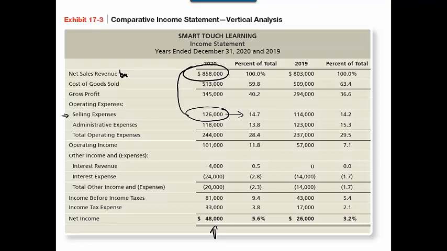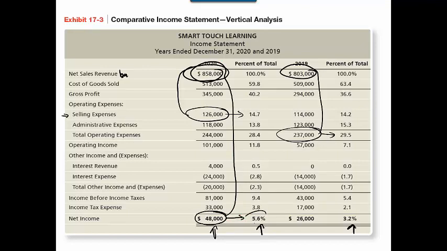If I'm doing total operating expenses, I take 237 divided by 803 times 100, and I get 29.5%. And then this becomes the number that you look at. You do net income the same. You do 48,000 divided by 858 times 100, which gives me 5.6%.